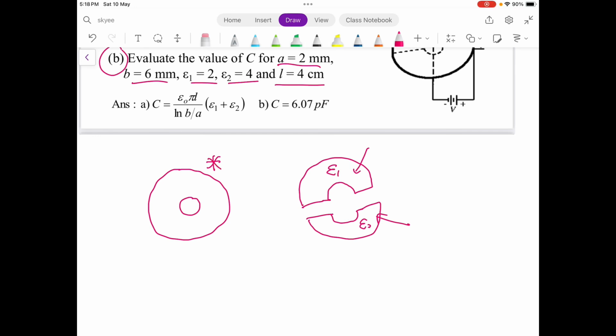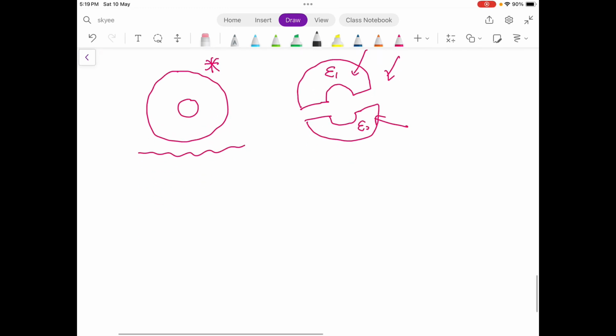This one is a complete circle, but this one is half of a circle. So you cannot use the equation that you derived based on that case. You have to re-derive again. That's why it is very important you know how to derive the capacitance. So let's derive again.